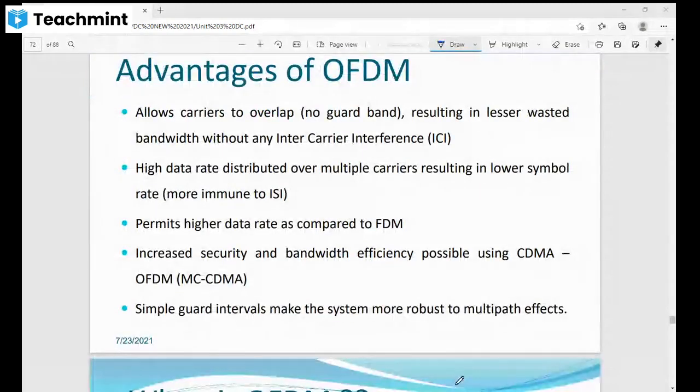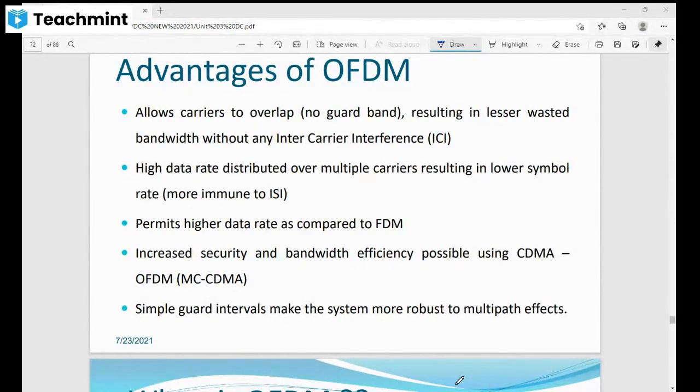The first advantage is that we can send multiple carriers in the same time slot, but without overlapping. Then higher data rate can be achieved over multiple carriers, because we are sending multiple carriers, so multiple data rates are achieved.